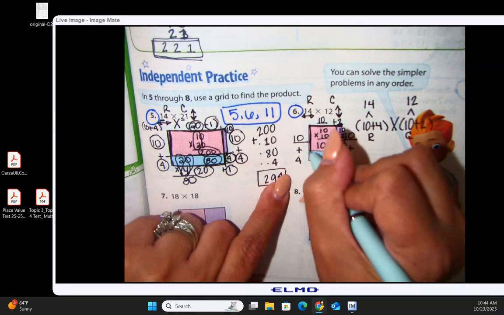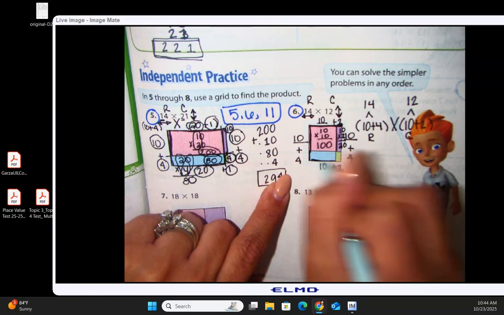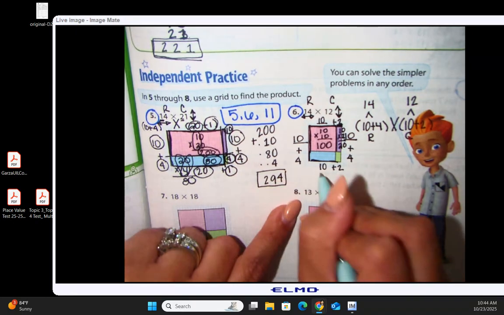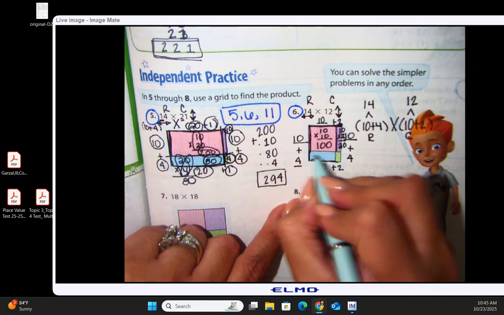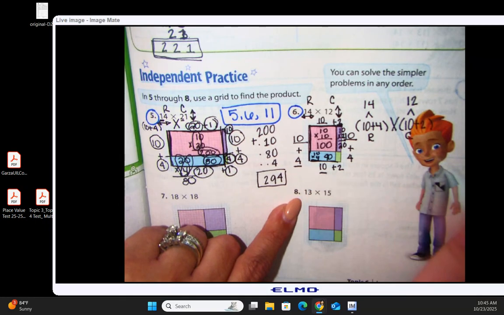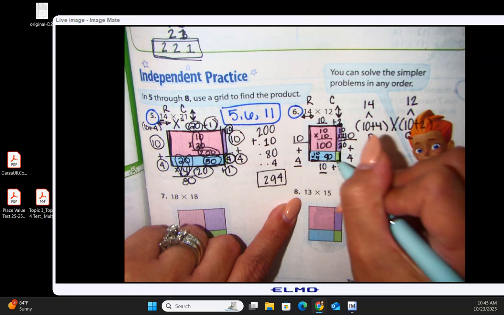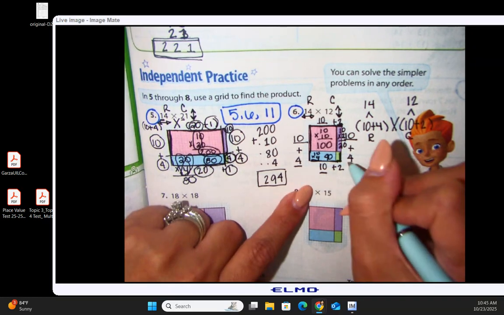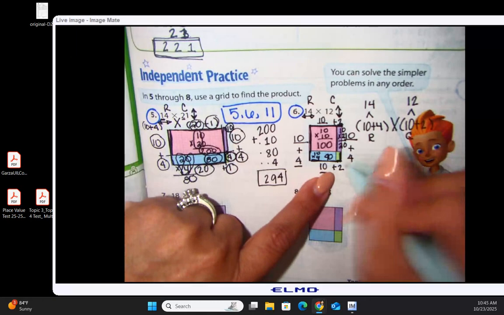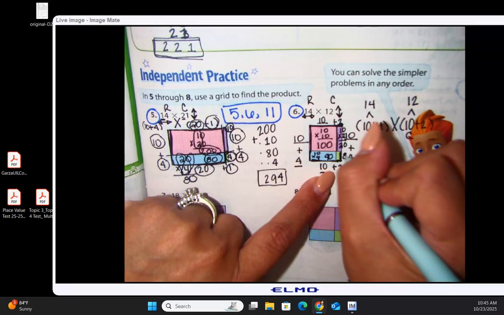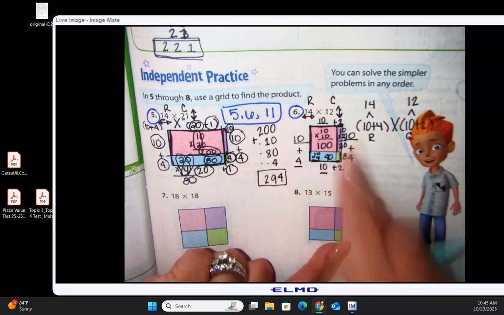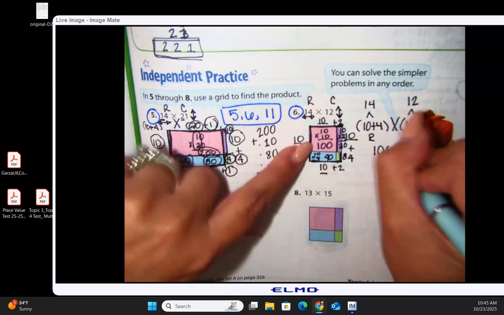If I want to find the area of this figure, what am I going to multiply? 10 times 4, which is 40. If I want to find the area of this figure, what am I going to multiply? Which is 8.